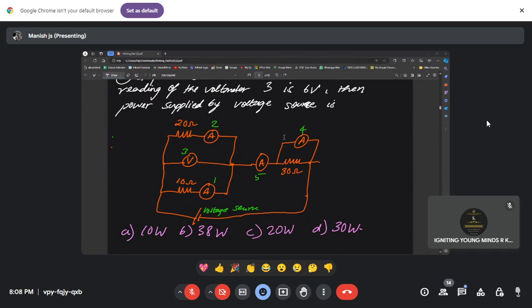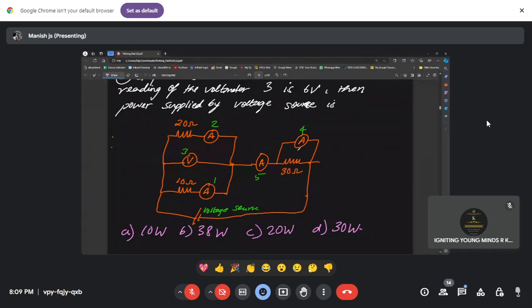Based on the circuit, we will simplify the circuit and then find out. Look at the circuit. What can you find in the circuit? There are different components. Some elements are in series, some are in parallel, right? So based on that, we can go for simplification.